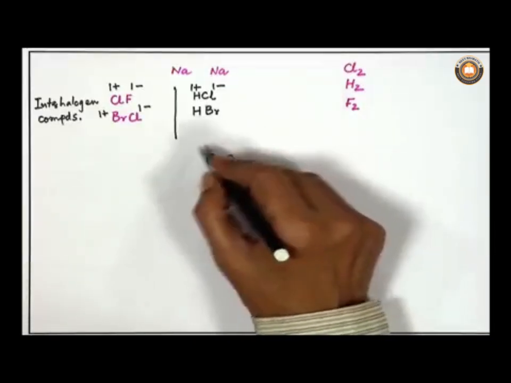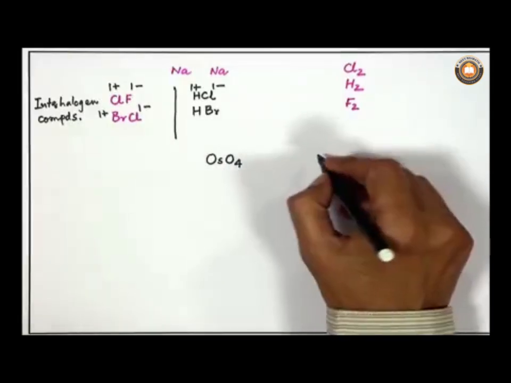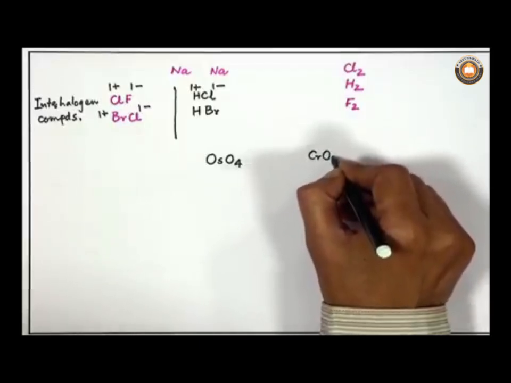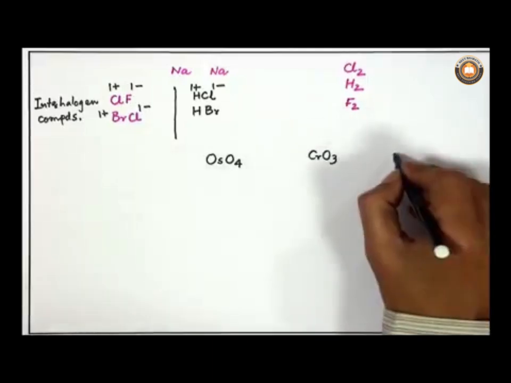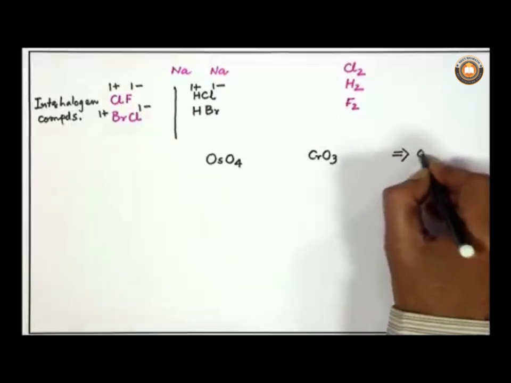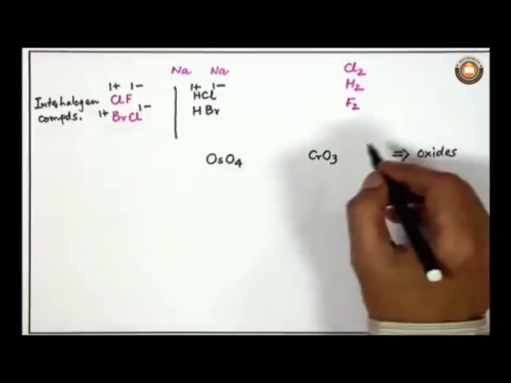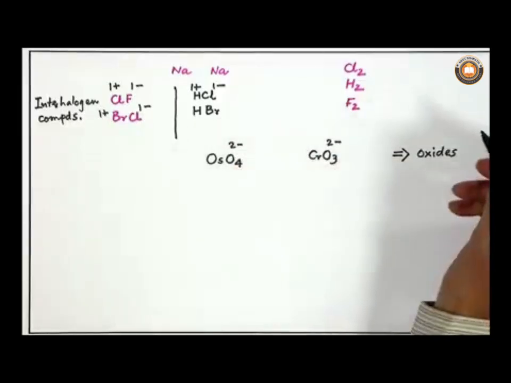So, it is possible that you have this tetroxide, and side by side we also have CrO3. These are oxides, so quickly we can assign the oxidation states, with oxide as O2 minus.